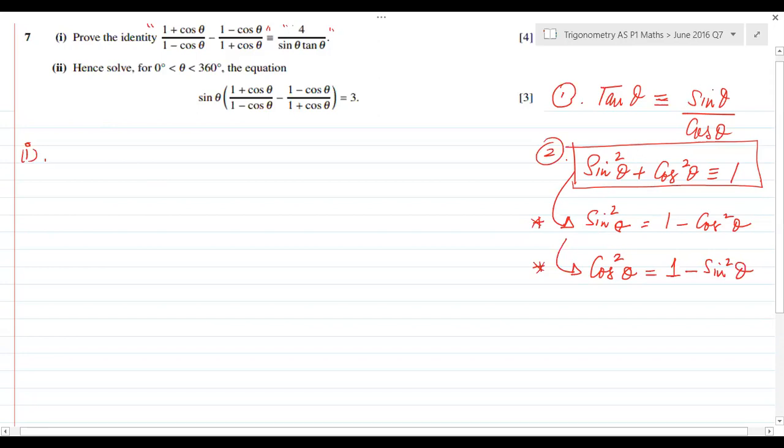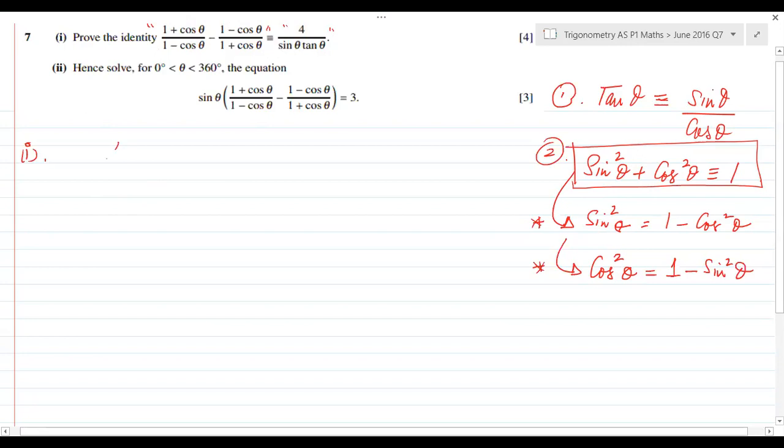If this is already in the simplest form, then expanding this and bringing it into this form would be harder. But this is already in a complicated form, and bringing it into simplified form seems to be easy. So that's why I always select the harder side and solve it and make it the easier one.